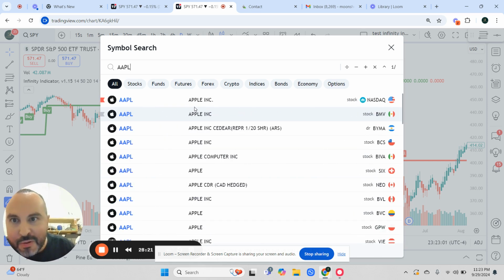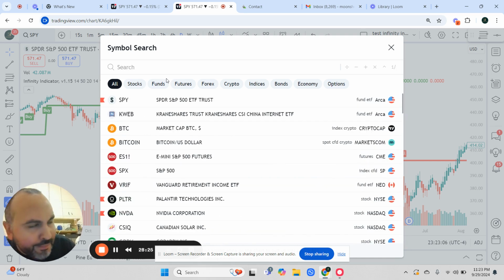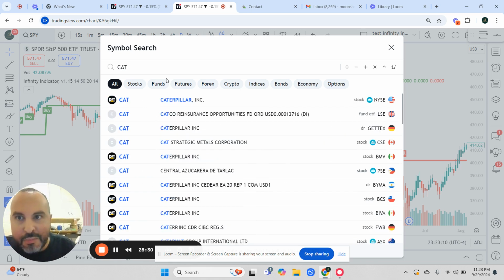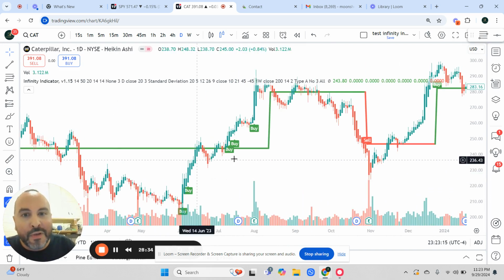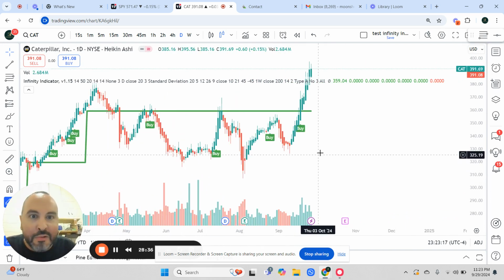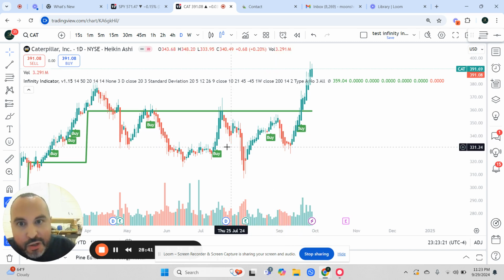I don't know. Apple, I feel like that's too much like SPY. I'm just pulling a name out of nowhere. Cat. Okay. Never looked at this in my life on this indicator, by the way. And as you can see, it works great. Win, win, win.